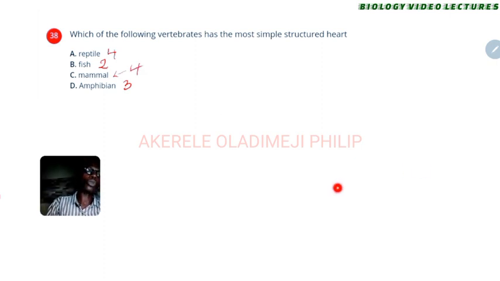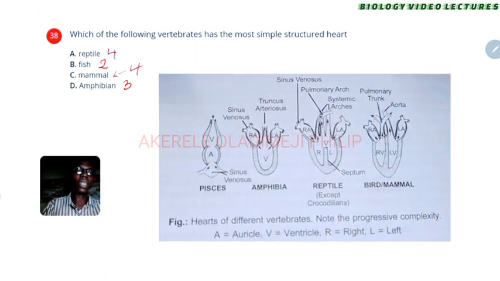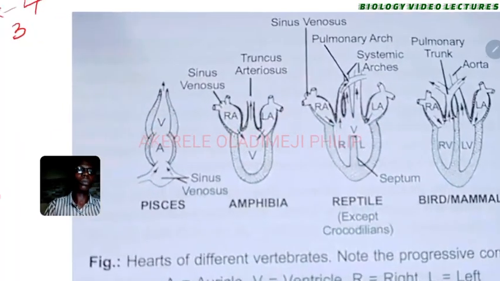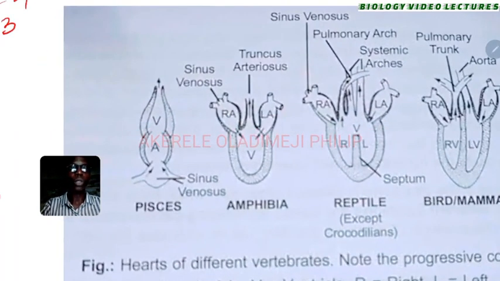Now, let me show you what I meant by that. For Pisces, which is fishes, so the answer to this question is fishes, which is B, here is just 1 ventricle, 1 auricle. Let me zoom that in for you to see. So just 1 ventricle and 1 auricle.